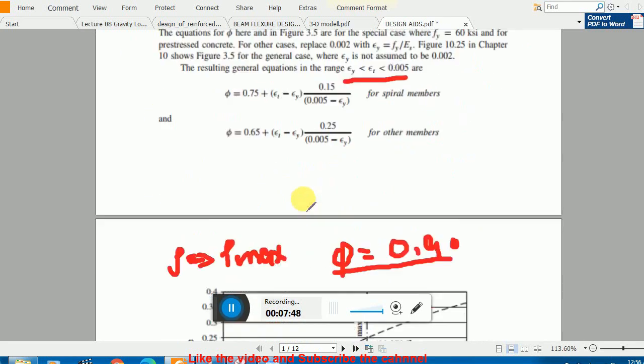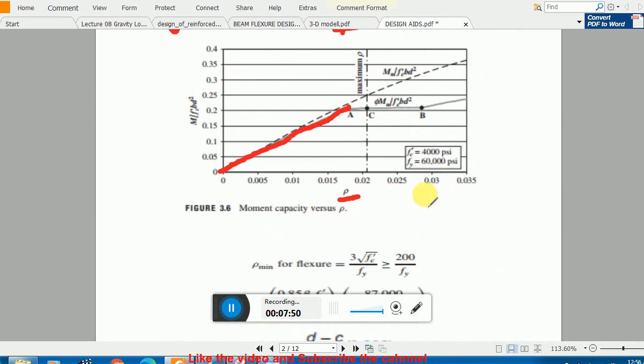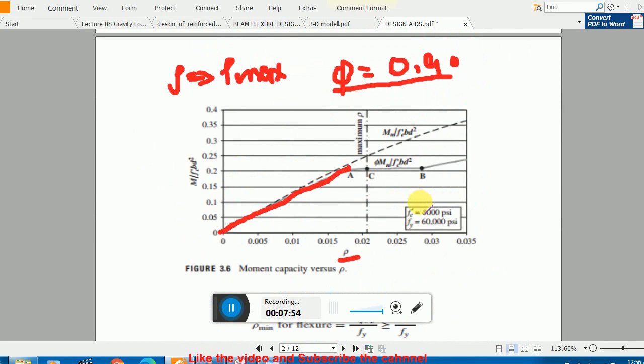So if you are increasing your steel ratio and thinking that your moment capacity will increase, here you are wrong. You have to use the maximum value of phi, which is 0.9, when your epsilon t value is 0.005.